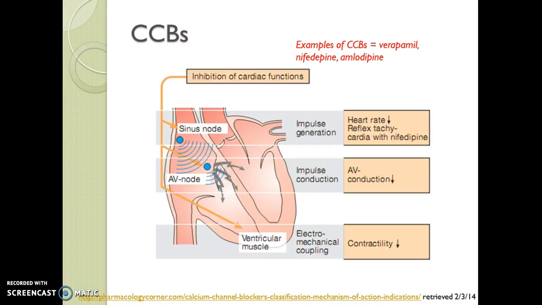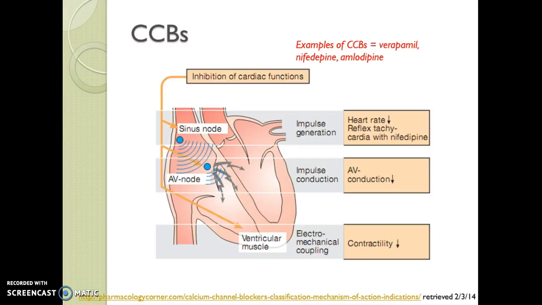Now, calcium channel blockers, which are one of the drugs that we consider closer to first line with a black population, such as verapamil, nifedipine, amlodipine, are in their various subgroups of calcium channel blockers, and you can read more about that, but they all have these basic inhibitory effects on cardiac functions, thus reducing heart rate, conduction, and contractility.